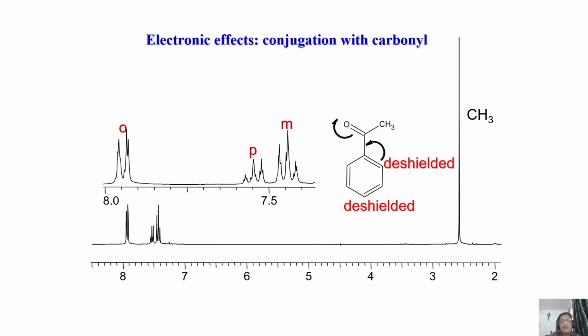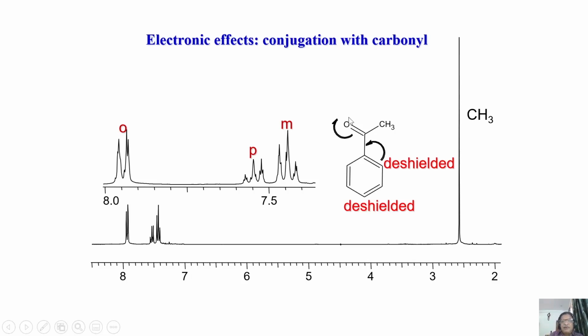And of course, as I said, especially in a benzene group, we discussed some of these things in the mesomeric effect with nitrobenzene and aniline, when we discussed how the charge density, when it is located more in the ortho and para positions, shifts those peaks.